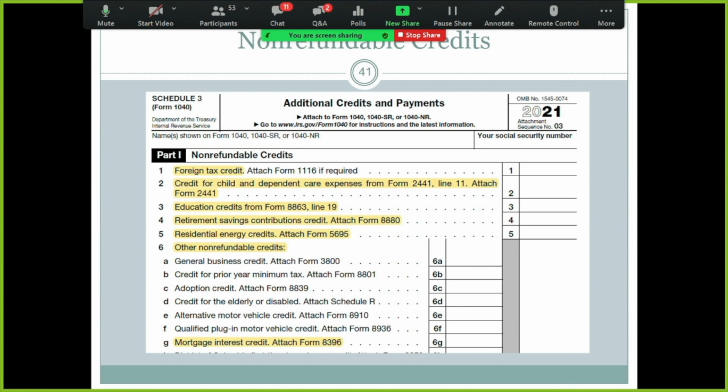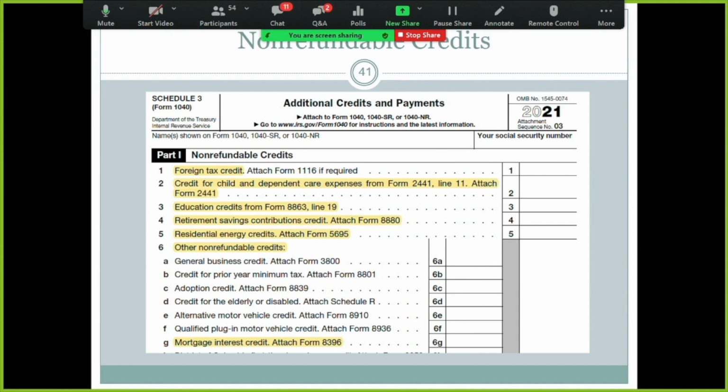Education credits from Form 8863, line 19. Number 4, retirement savings contribution credit, attached Form 8880. Residential energy credits, attached Form 5695. And mortgage interest credit, G.